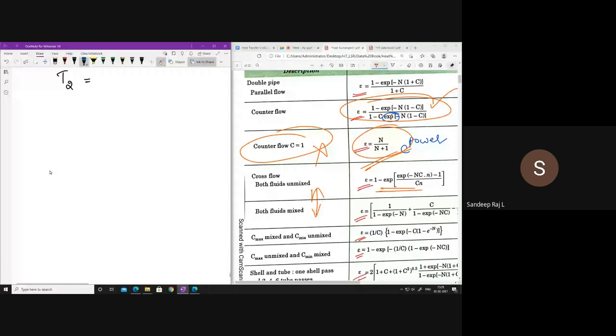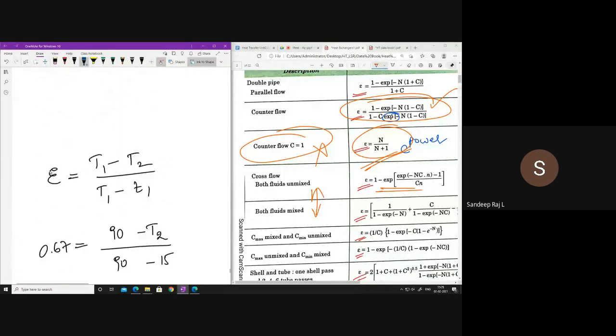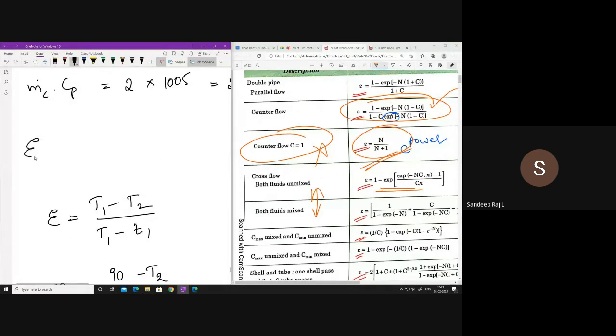So you can take it as both fluids unmixed only. So the effectiveness formula will change here. So the effectiveness is equal to 1 minus e power, Cn into e power minus of nc into n, minus 1. ఇది మీకు అర్థమైంది కదా.